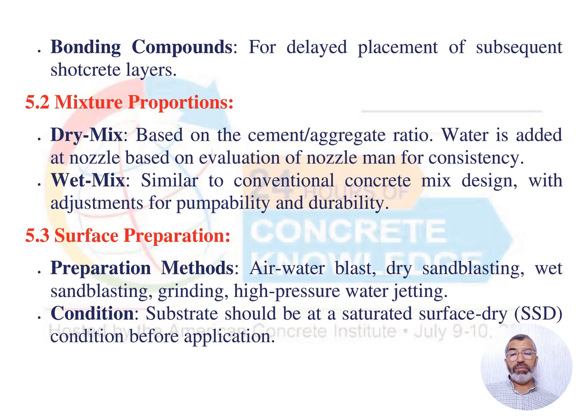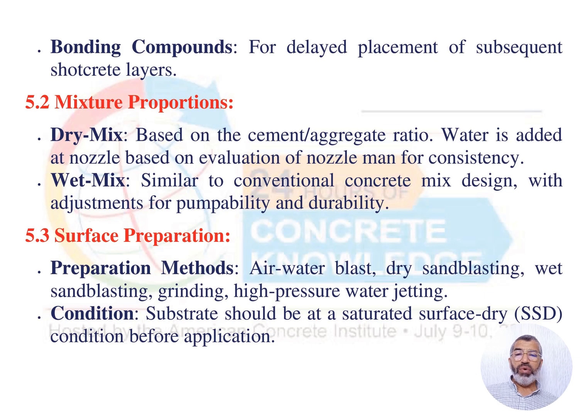Then we come to the mixture proportions. For dry mix, the proportions are based on the cement aggregate ratio. Water is added at the nozzle based on the evaluation and experience of the nozzleman to evaluate its consistency prior to jetting it on the receiving surface.